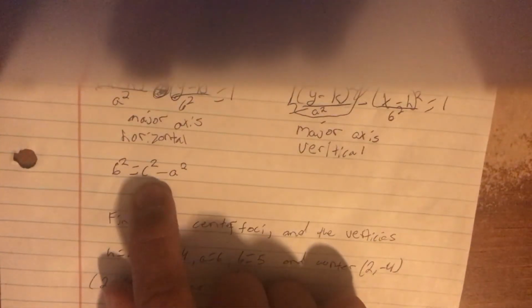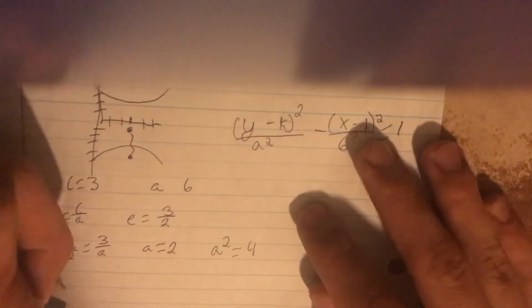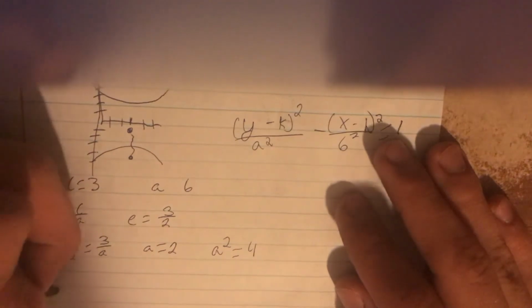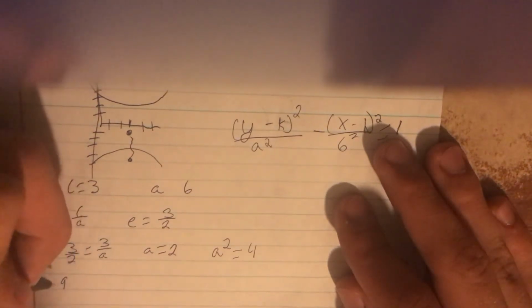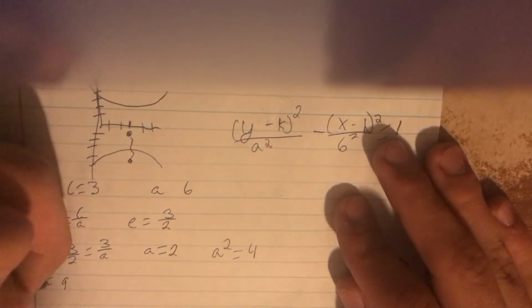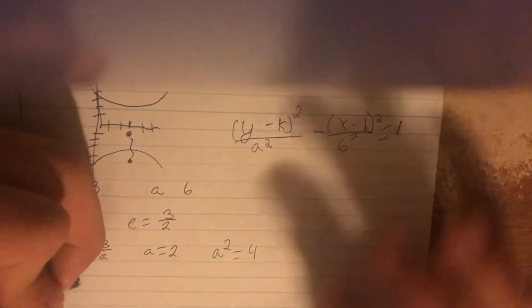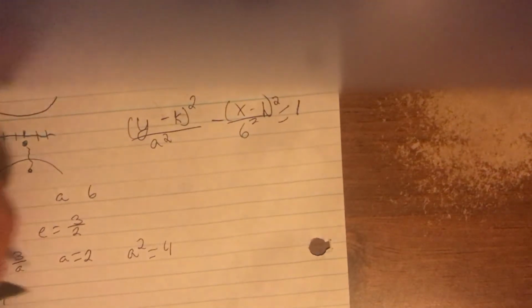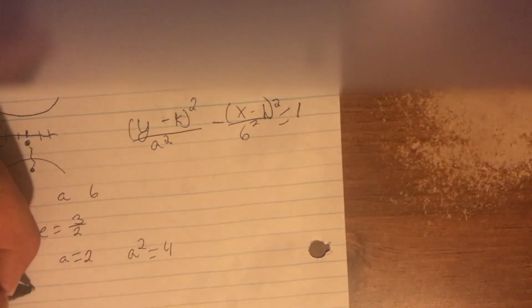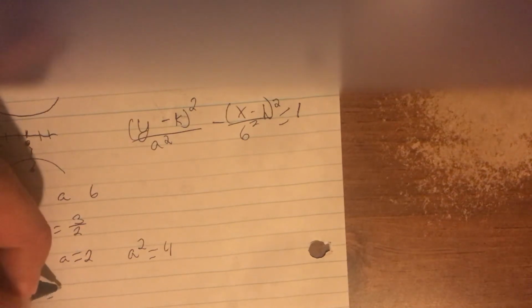If we were to go back to our relationship over here, B squared equals C squared minus A squared. So if we do B squared equals 9 minus 4, our B squared equals 5.